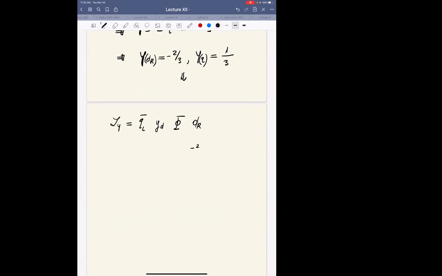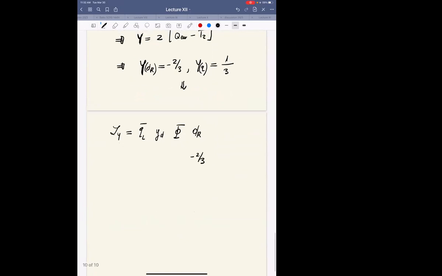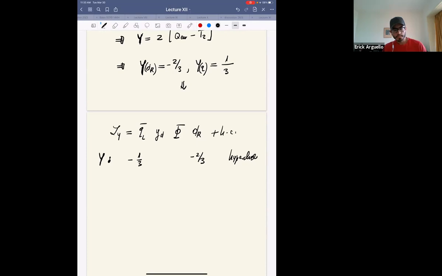It is minus 2/3. And QL bar is minus 1/3. Look, let's write here the hypercharge. So what is the hypercharge of phi? It has to be 1. Right.